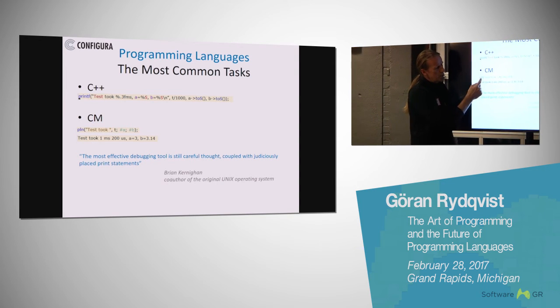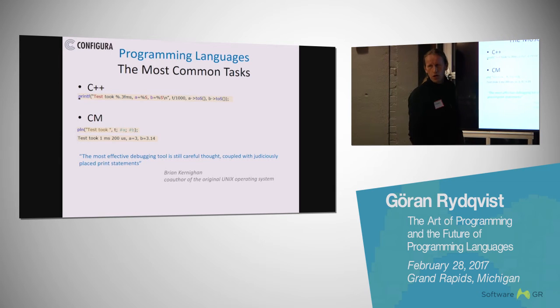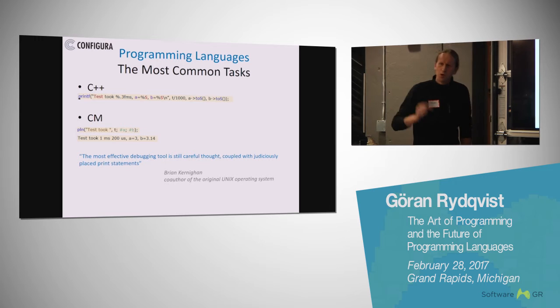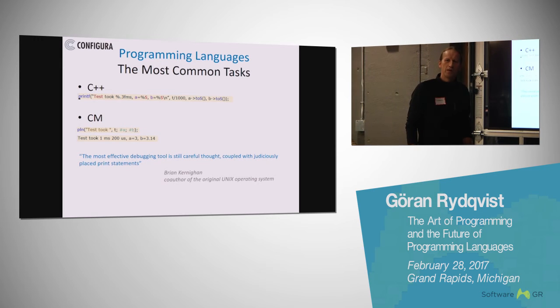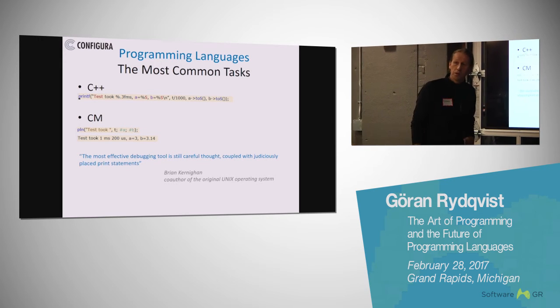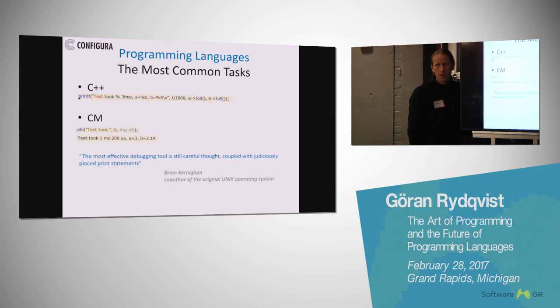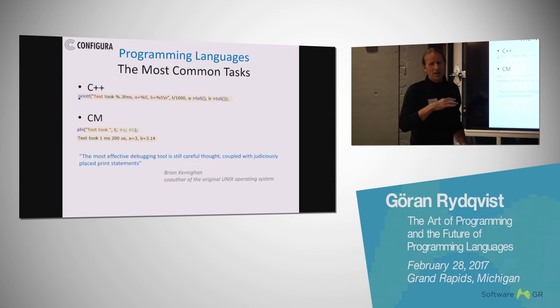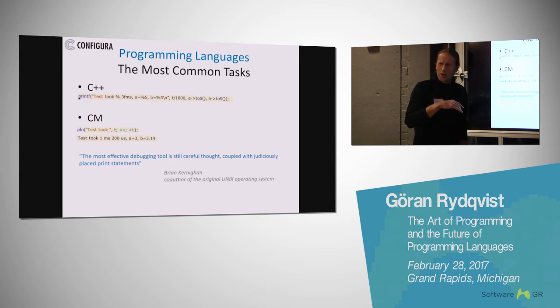So this is CM, PLN, maybe too long, print line. This is what we do all the time when we program. This is the most common statement that's ever written, because it's the most common debugging tool, and also I think the most important one. I have a lecture on over 30 different debugging methods, if you don't believe that I know a little bit about debugging, but PLN is still the most important one to understand the program.